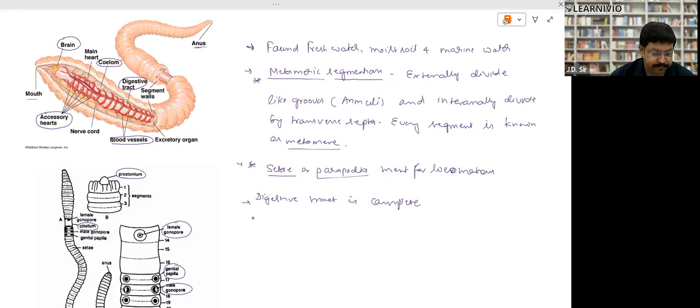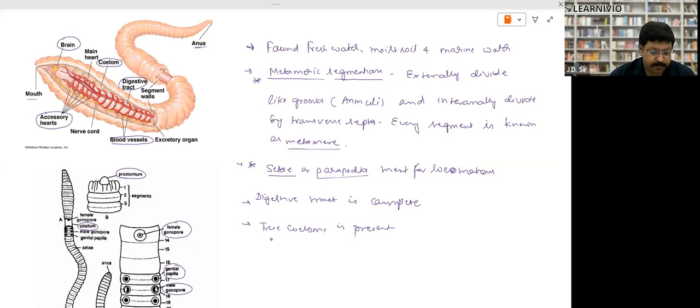And true coelom is present. So they are coelomorph.